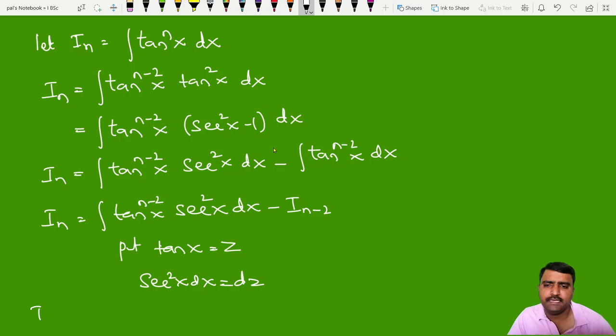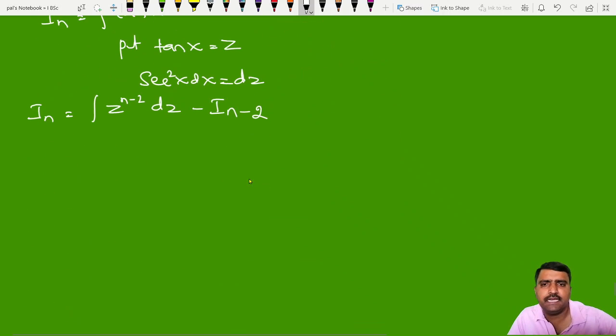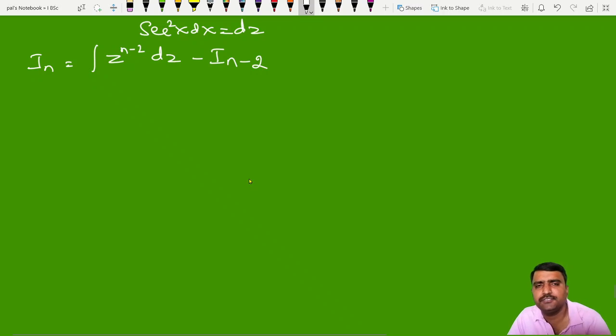So now I_n is equal to integration of z to the power n minus 2, with secant square x dx written as dz, minus I_{n-2}.